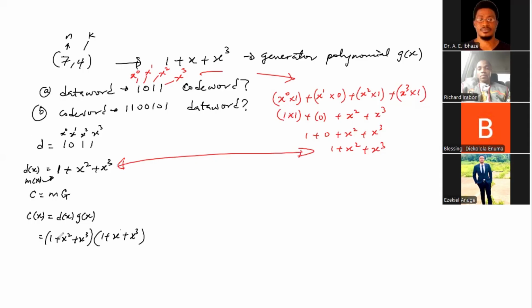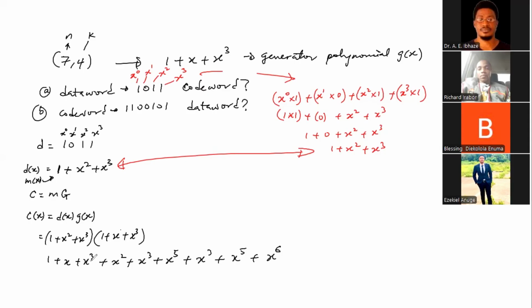Now that we have this, we can expand this times this. That is 1 plus X cubed, plus X squared times X cubed, X to the power of 5, plus X cubed times 1, X cubed, plus X to the power of 5, plus X to the power of 6.